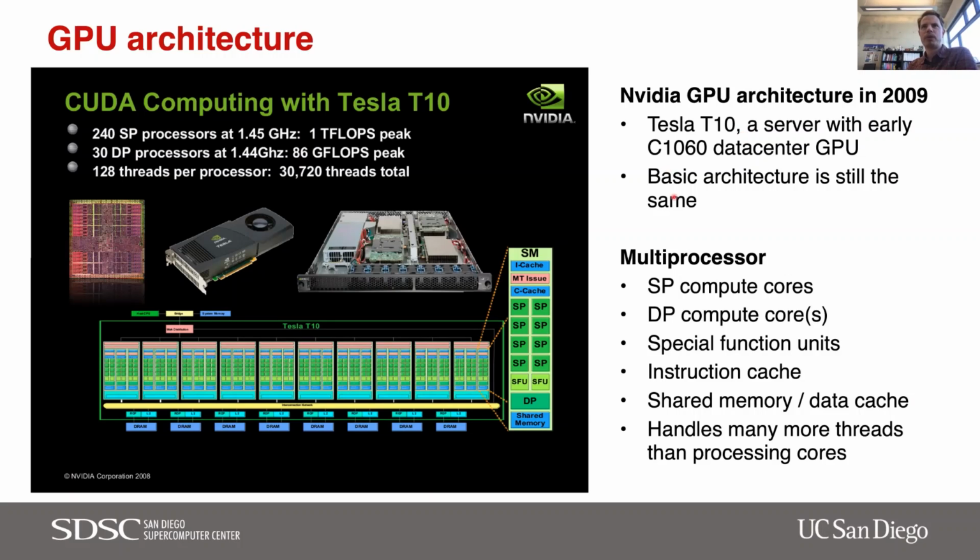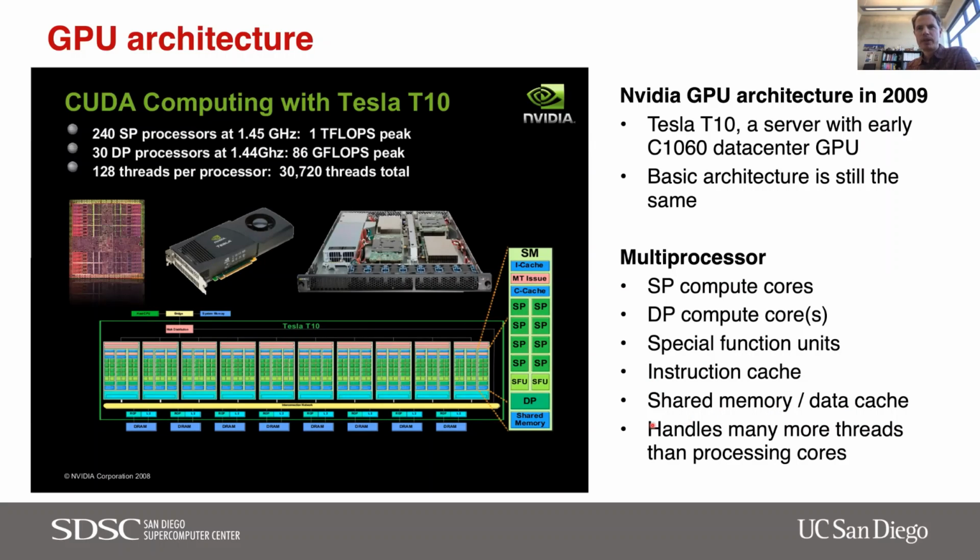I just put it up here because the basic architecture is still the same. And what you see here is what I was talking about. The GPU has these multiprocessors, and each of those has multiple compute cores, single precision and double precision compute cores, and special function units. Each of those processors also has its own shared memory and data cache.